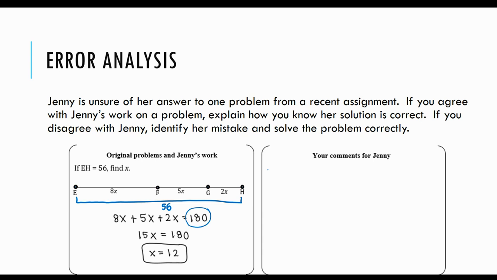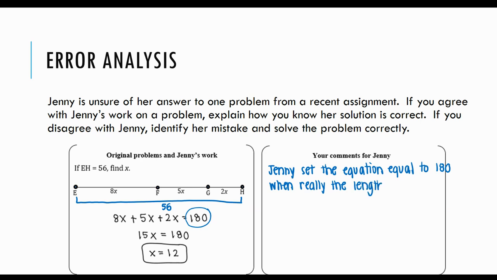So my disagreement with her, the mistake is that Jenny set the equation equal to 180 when really the length of the segment is 56.